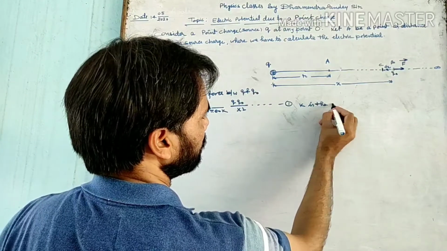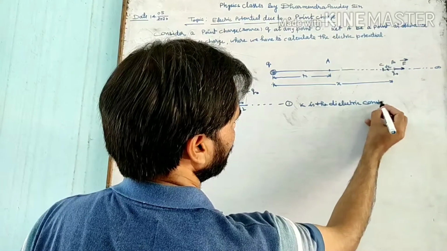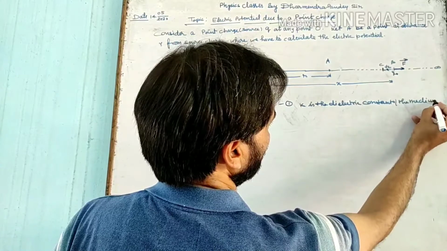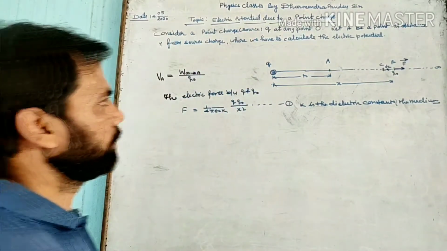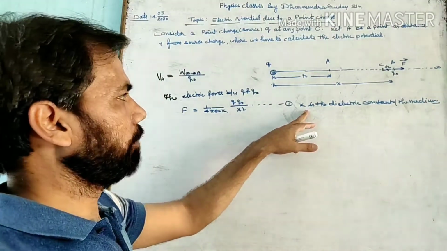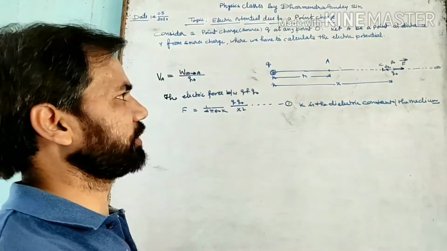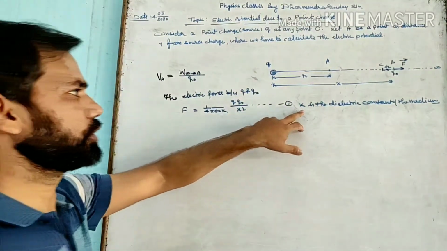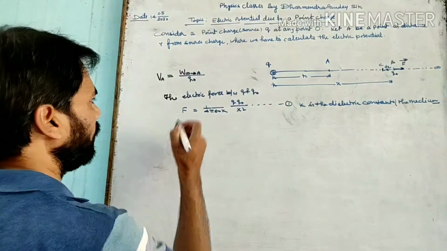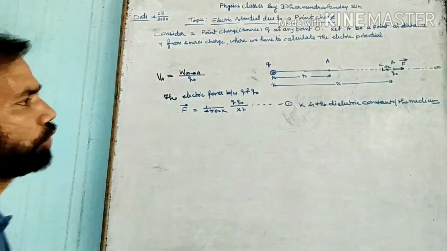K is the dielectric constant of the medium. As you know, for air and vacuum the dielectric constant is one, and since we can take any medium, for any medium let us assume that the dielectric constant is K, so this F comes out to be that one. And the direction of force is directed away from the point B.